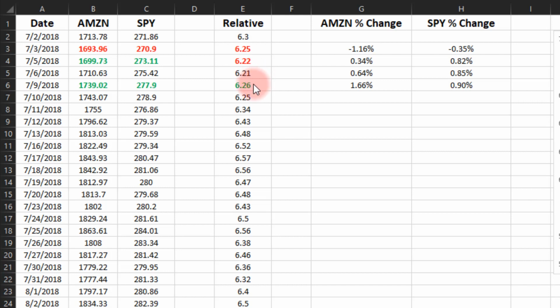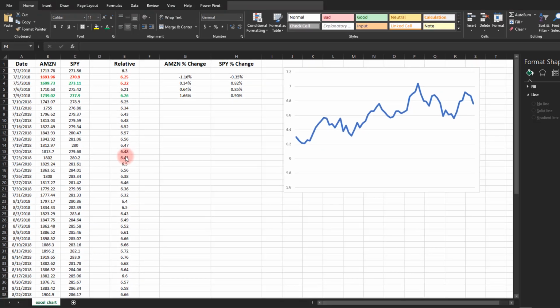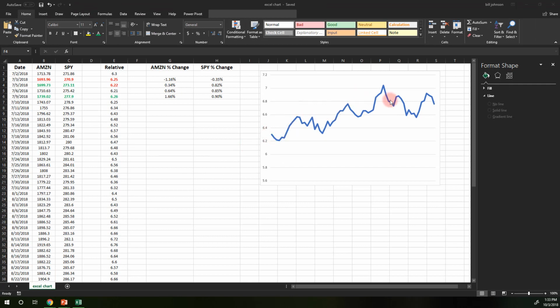So the main point to see is that even though back here on 7.5, Amazon and the S&P increased, it led to a decrease in our indicator. But down here on 7.9, both numbers increased again, but this time we got an increase in the indicator. So you have to remember that you are always looking at the relative prices. And again, the importance of that is that our indicator is simply this list of numbers right here that you will see on your broker's platform, and it's going to look something like this.